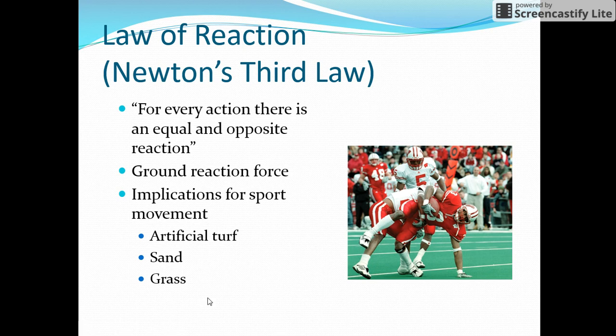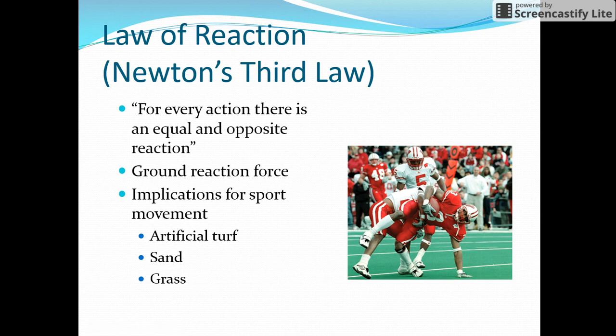Now, implications here: artificial turf, sand, and grass. So how is our equal and opposite reaction going to be applied on different types of turf? If we had someone jump as high as they can on artificial turf, on sand, and on grass, on what will they jump the highest?